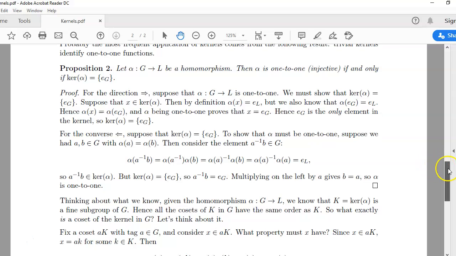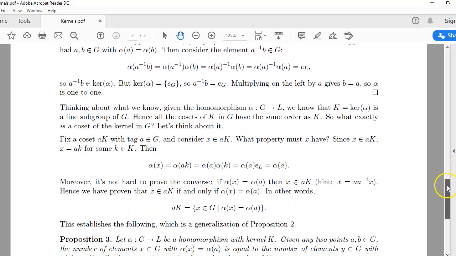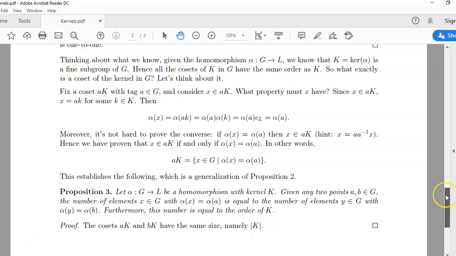Now, at the end of this handout, I give a slight extension of this theorem that deals with cosets of the kernel. This is kind of a fun discussion. To be honest, we're not going to need this part much this semester, but we will in the fall. So when it comes time in the fall in Math 432 where we need this, I'll come back and redo this all over again.